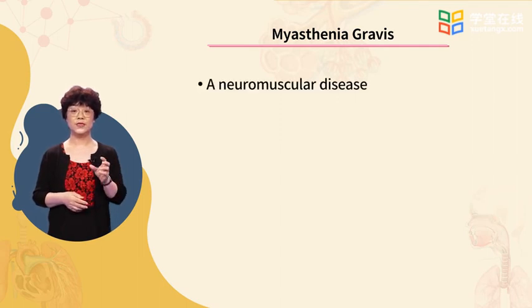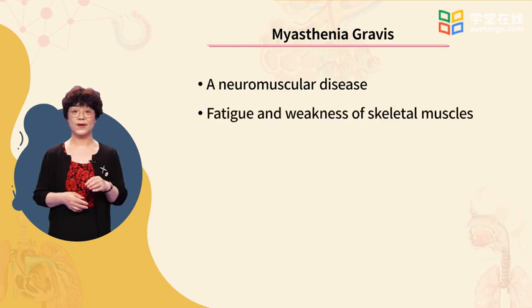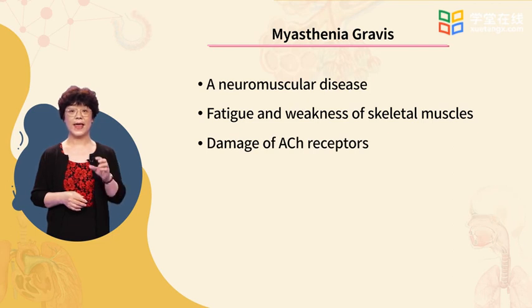It is a neuromuscular disease characterized by fatigue and weakness of skeletal muscles. ACh receptors at the neuromuscular junction are damaged by antibodies, resulting in difficulty with muscle contractions. This is most likely to occur during repetitive activity, such as chewing or combing.